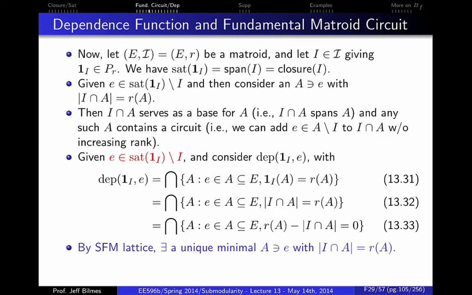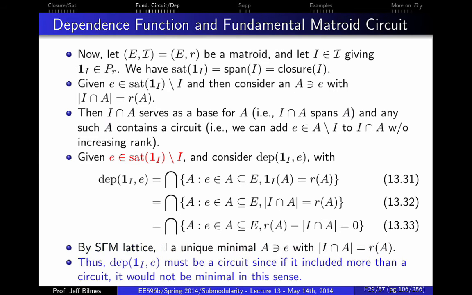So there exists this unique minimal E-containing set A, which is dependent in this fashion, meaning that E is not in I, so basically it has to be the case that I intersect A contains an element that's not in I. That's basically saying that the rank of A is equal to the intersection of A and I. So because of the minimality, what's the only set that would have that property?